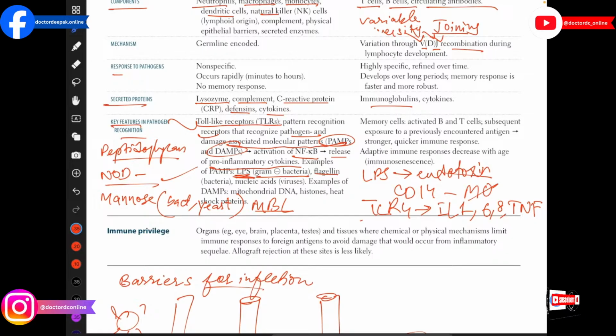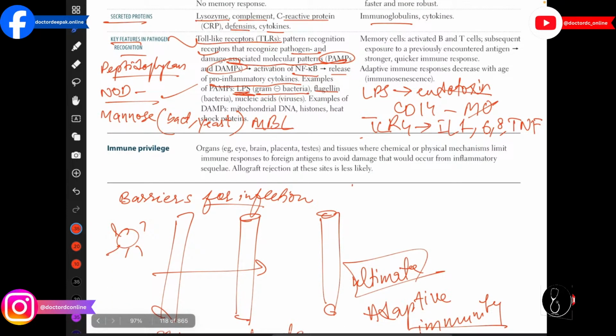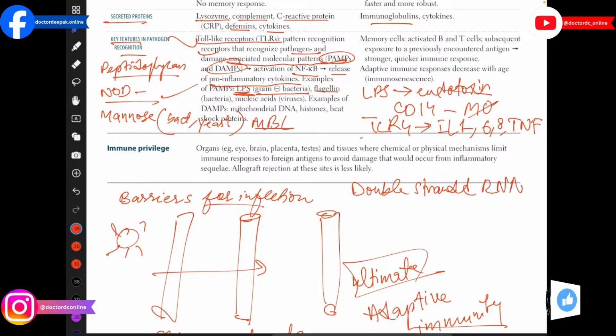And also we have double-stranded RNA. In human beings, double-stranded RNA is not present, so our immune system easily detects it and attacks the double-stranded RNA of viruses, bacteria and microorganisms.